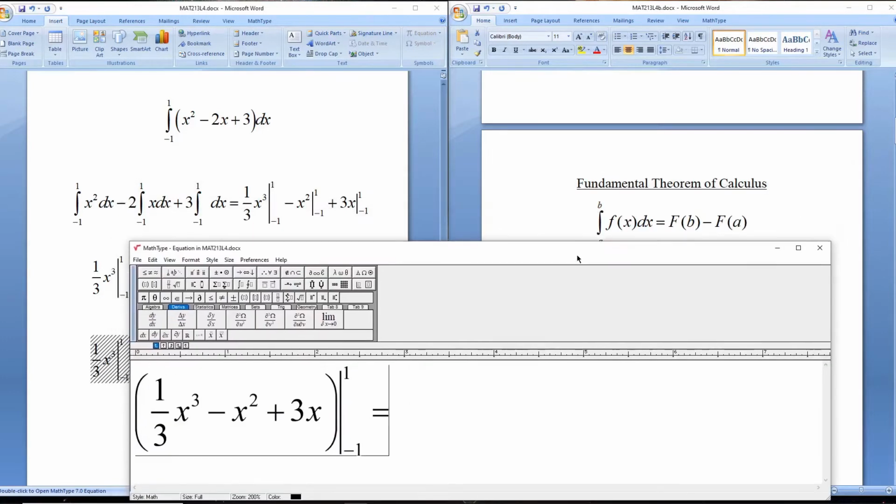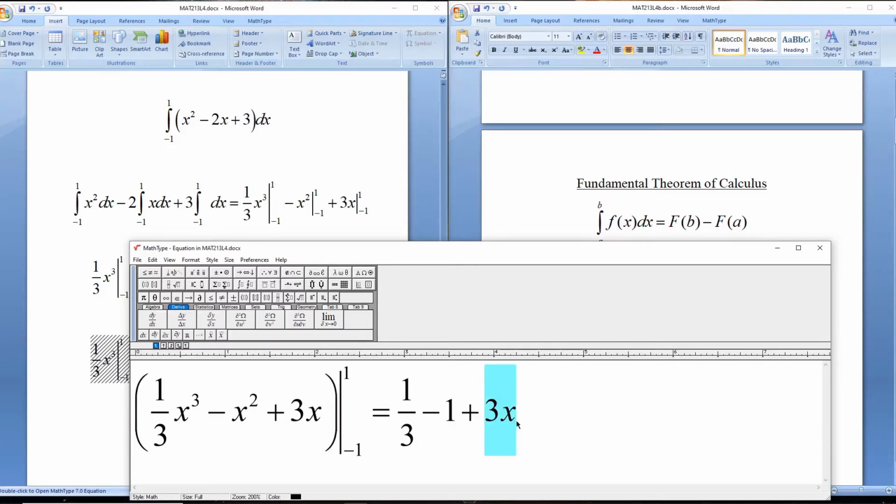So now this is where we do the fundamental theorem of calculus. Again, it says plug b into the antiderivative. So everything in the parentheses here is the antiderivative, and b is 1. So we're going to plug 1 into our function here. 1 cubed is 1. 1 squared is 1.